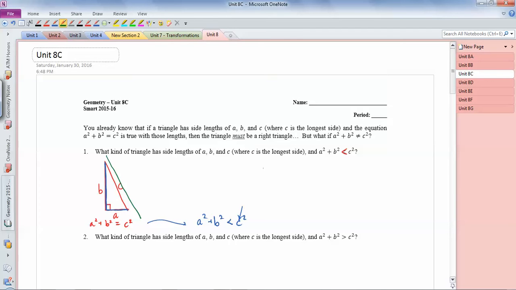The only way I can do that, with the new C longer but the old A and B the same, is to stretch out how the A and the B are connected. And so that right angle had to get bigger as well. So this angle is now bigger than 90. Notice this angle is now obtuse. So we have an obtuse triangle.